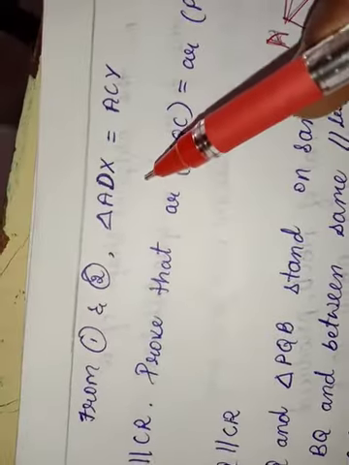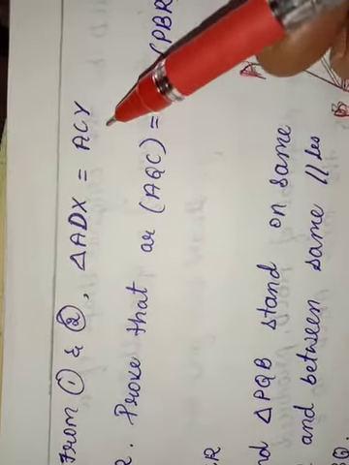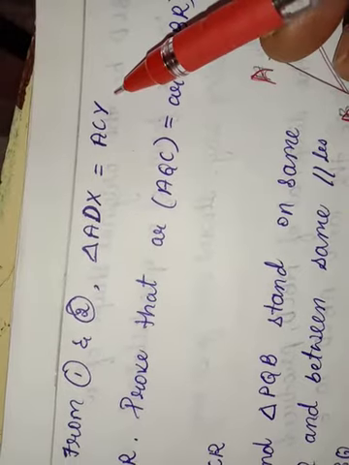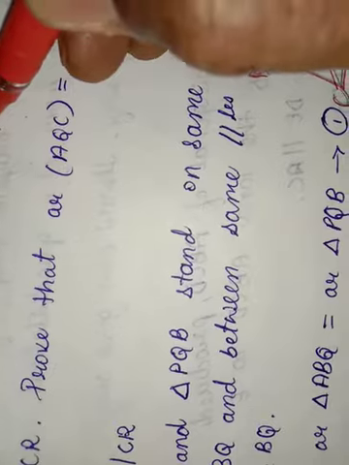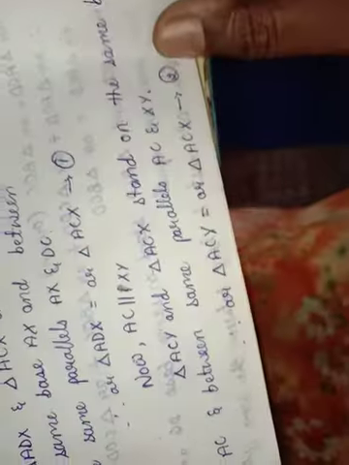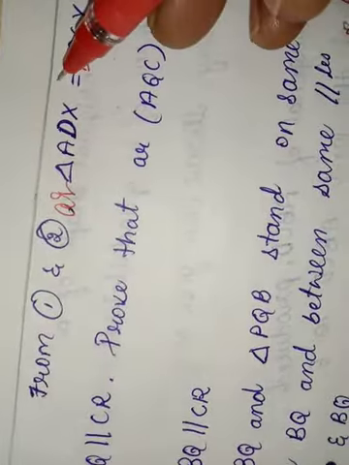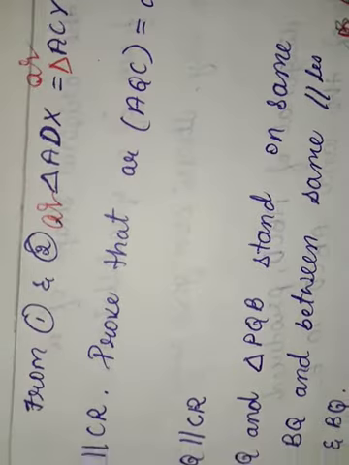From 1 and 2, area of triangle ADX is equal to area of triangle ACY. This is the answer.